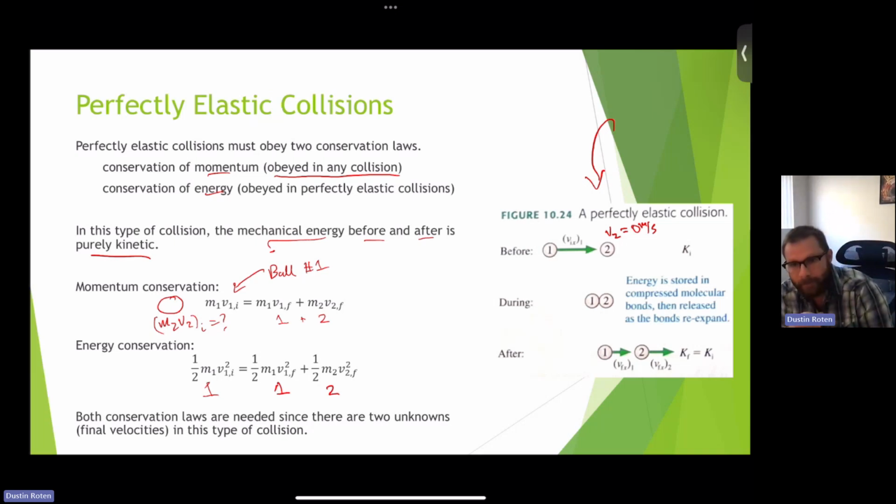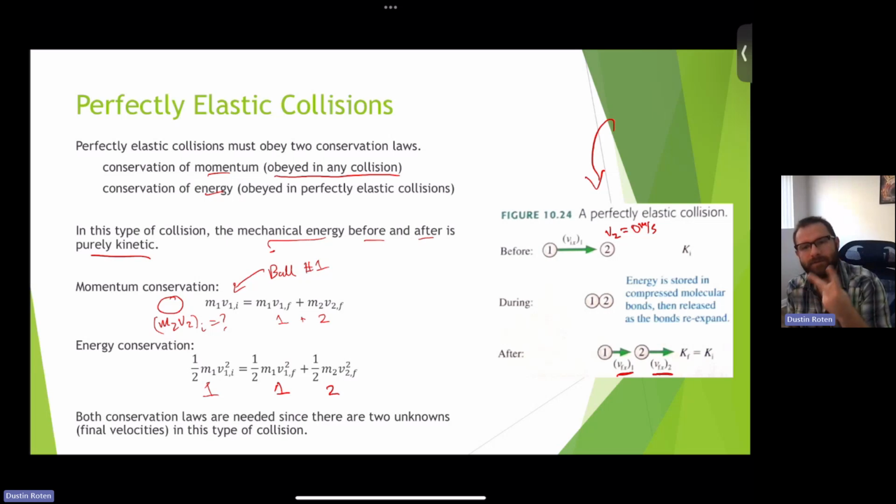So if you think about it, you'll remember from high school algebra, if you have two unknowns, you need two equations to solve for them. Well, that's the same thing here. We have two unknowns: the velocity of the first ball after the collision, and the velocity of the second ball after the collision.